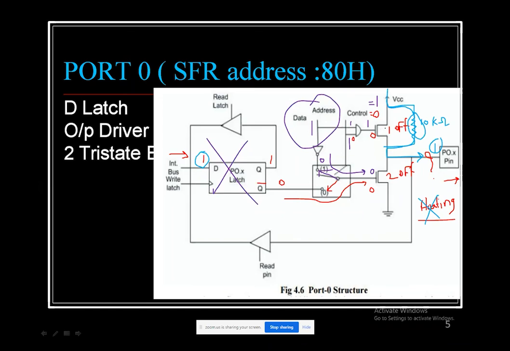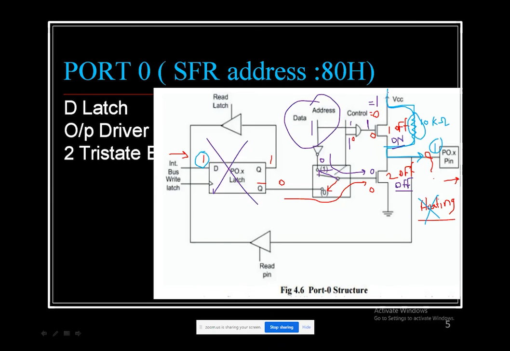That means the input to the upper FET is 1 and the input to the lower FET is 0. 0 input means this is off, and 1 input means this will be on. On means short circuit, and off means open circuit. Those are the fixed concepts, so that you might also be knowing.